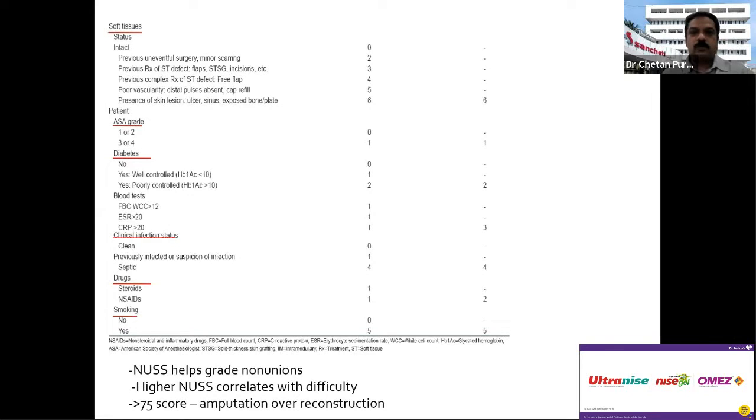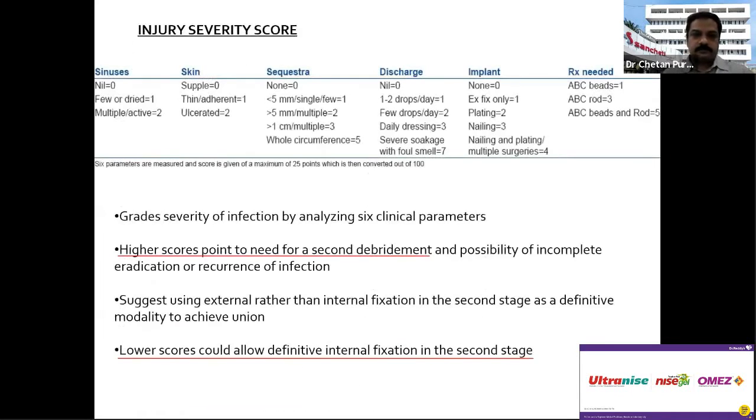So the score totals to 100, and if the score is more than 75, then the surgeon should strongly consider going for amputation versus reconstruction, because even though we may have quite a few methodologies and techniques in our armamentarium, if the situation is beyond salvage, no matter how much we try, we will not succeed.